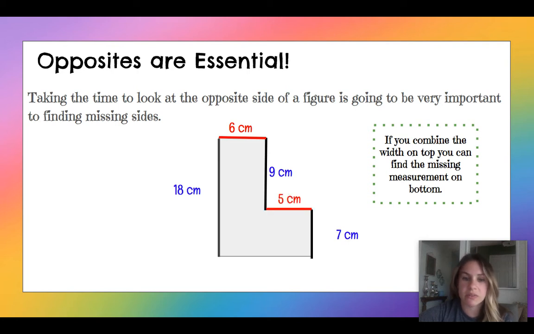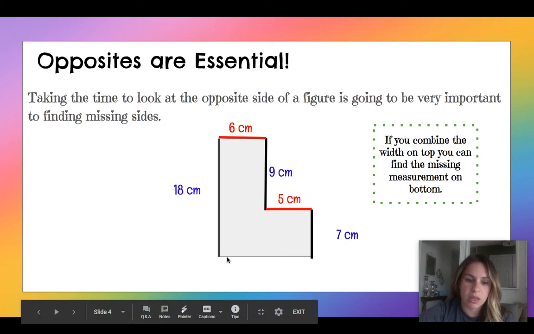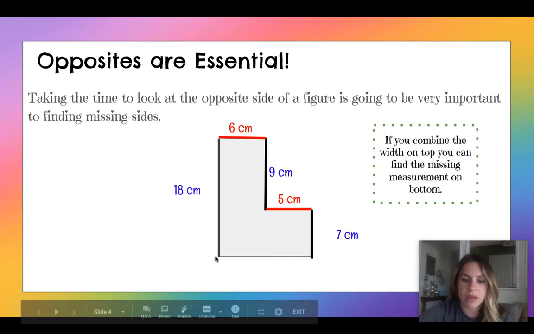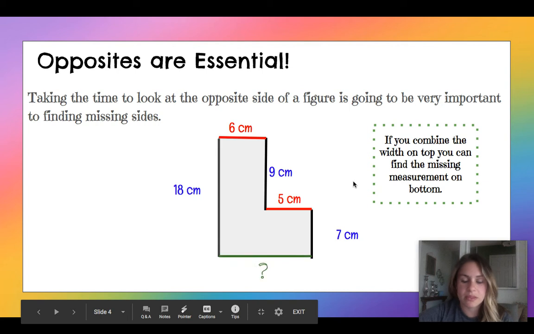So now we have to think about what is opposite from these. Well, if you look at these, they're both going horizontal, and at the bottom there's a horizontal line. I think if we combined this top horizontal line and this horizontal line in the middle, that if we added those together, I bet that would equal this bottom missing piece.